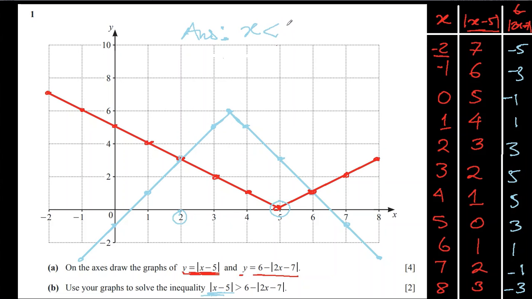When x is less than 2, when it is below 2 in this direction, the red graph is above the blue graph. That's what we want. And the second one is 6, after which the red graph is above the blue graph. So the second answer is x is greater than 6. These are the two solutions of this inequality.